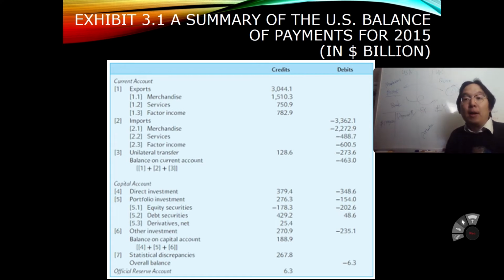For your convenience, they are showing it with a negative sign so that you will not get confused. Just sum everything and then you'll get the balance later on. That's the idea, okay? Export on the credit and import on the debit, just like this bicycle example, right?